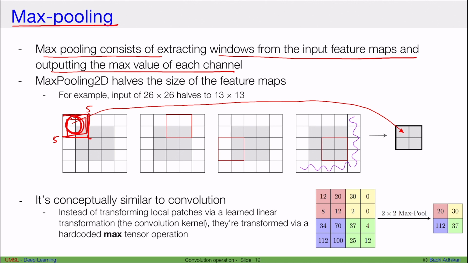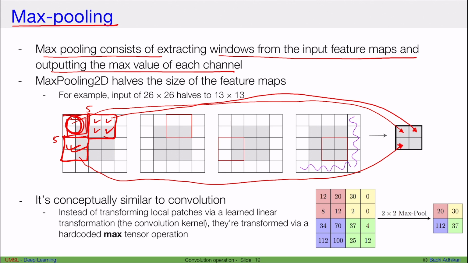Then I look at the next 2 by 2 grid and calculate the maximum of these 4 values, and save that as the output in my second cell. I do this for the next grid down here, and similarly the maximum of these 4 values goes into my last output. So here's my first grid, here's my second grid, here's my third grid, and here's my fourth grid.